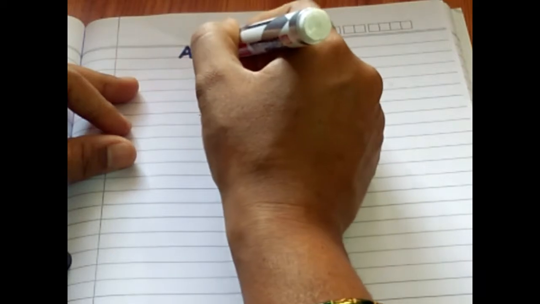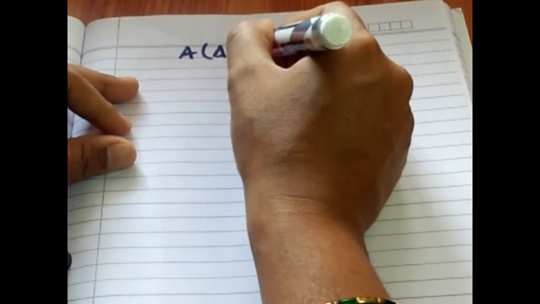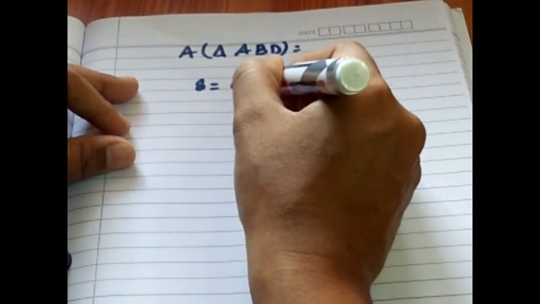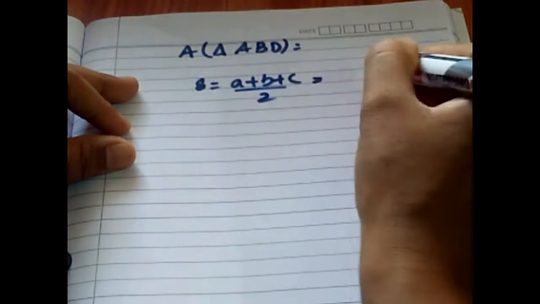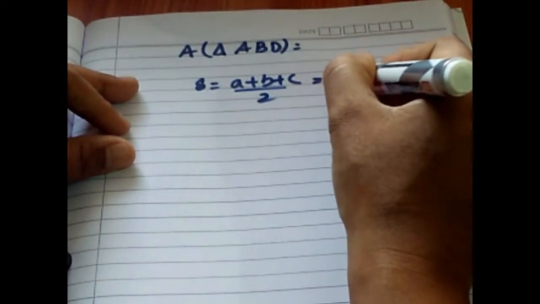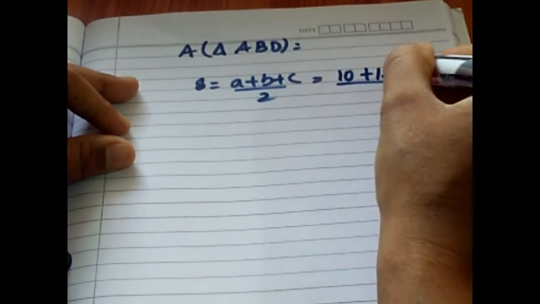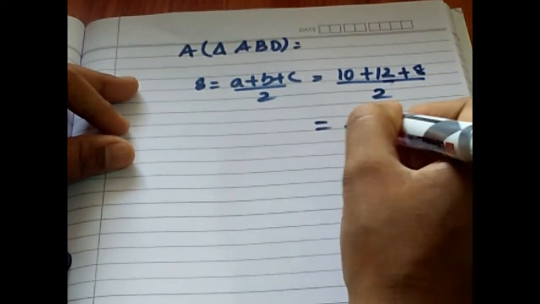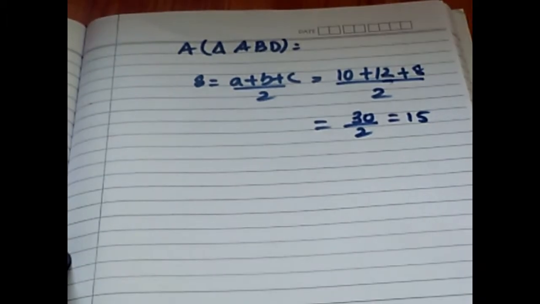Now the next step, what do we need to do? The area of one more triangle, that is ABD, where we know the measure of all three sides of the triangle. Hence I need to use Heron's formula. So semi-perimeter is A plus B plus C by 2. The sides of triangle ABD are 10 plus 12 plus 8 by 2, that is 30 by 2, that is equal to 15.